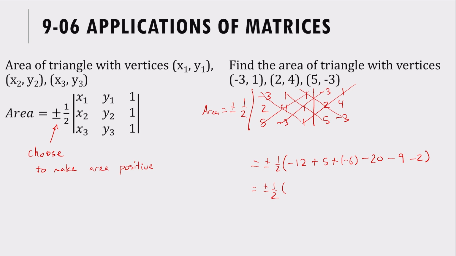Let's add all those together. I think we get negative 44. So half of 44 is 22, and we're going to choose the negative so that negative times negative is positive. Our area should be positive.